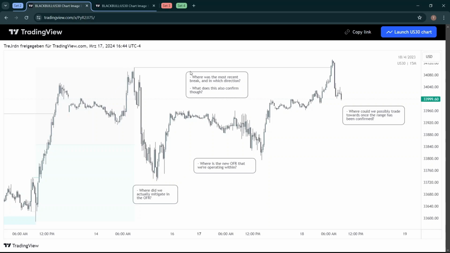Regardless of the second break, for example, it confirms that bullish order flow is in place, right? Or hopefully it confirms that bullish order flow is in place.